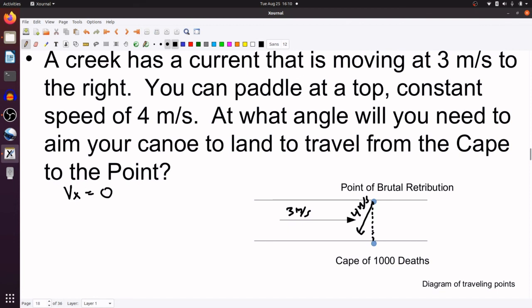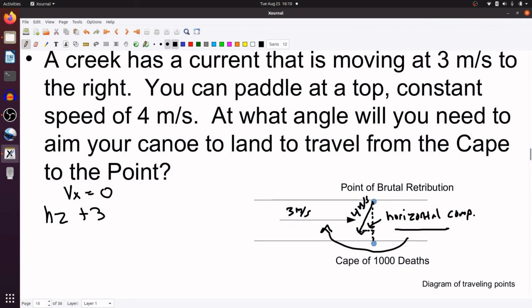Basically put, I want the horizontal component, I'll just call it the Vx. Well, that's really bad because I already used Vx. Let's just call it the horizontal component. I'm just going to write it all out so I don't get confused here. We want the total to be equal to 0, but this little horizontal component must be equal to 3, so plus 3 relative to the sign.